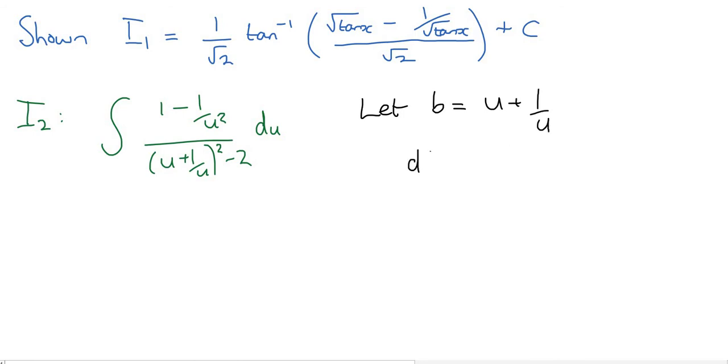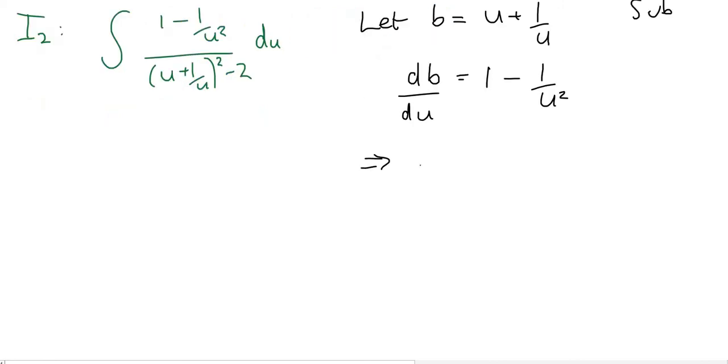Right, and again, when we do db by du, so differentiate b with respect to u, we get 1 minus 1 over u squared. Okay, so this tells us that du equals db over 1 minus 1 over u squared.